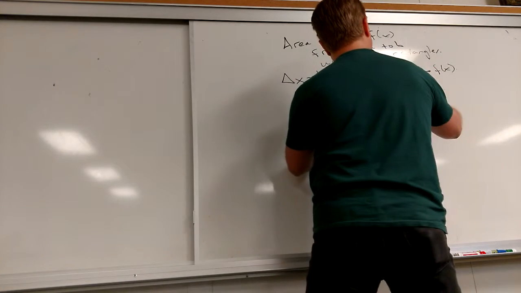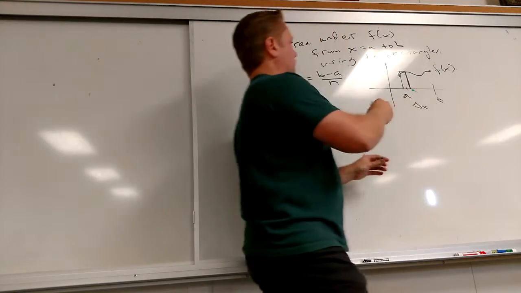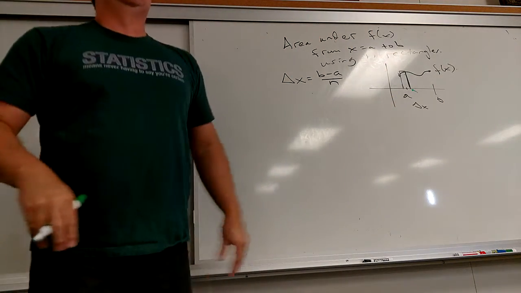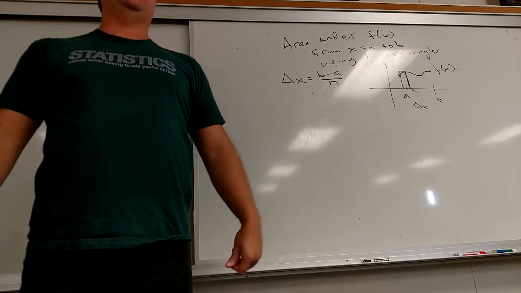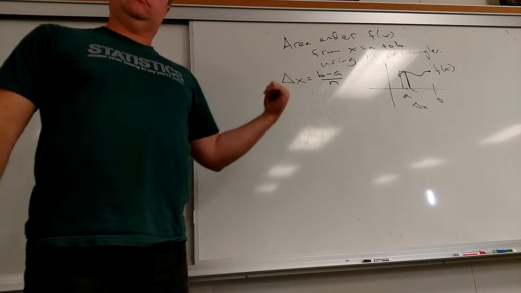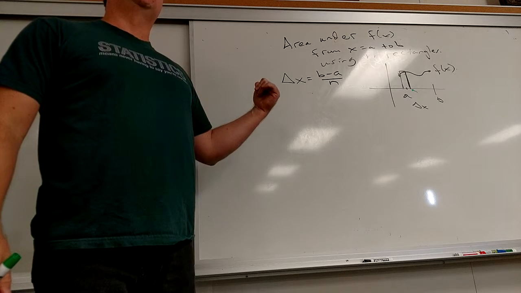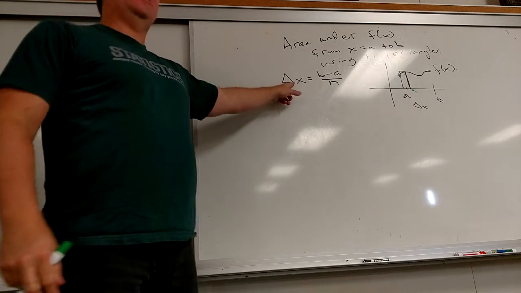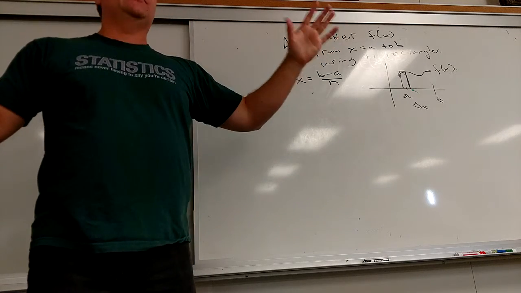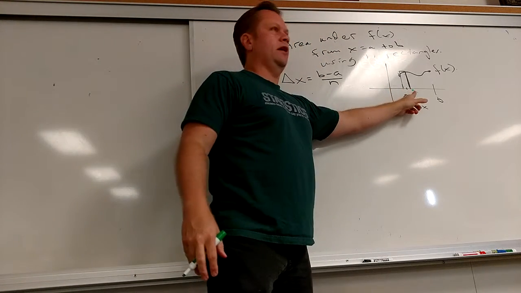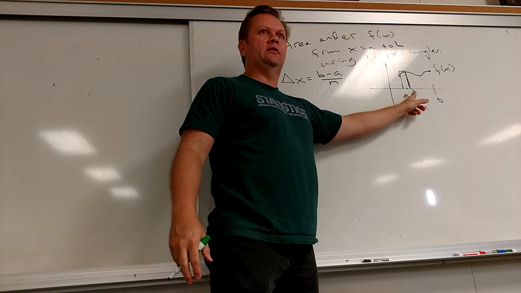Where does that rectangle start? At A. How wide is each rectangle? Delta x. Let's consolidate all that with this. I like it. So what is that x coordinate right there specifically?